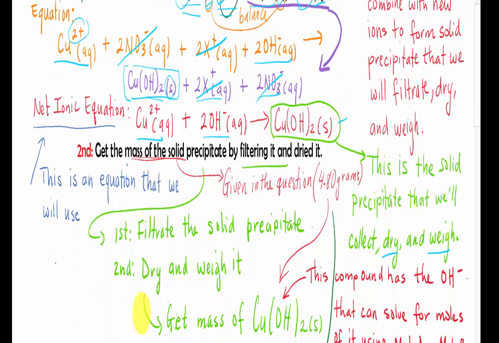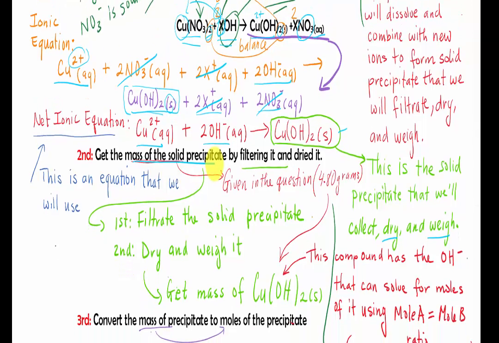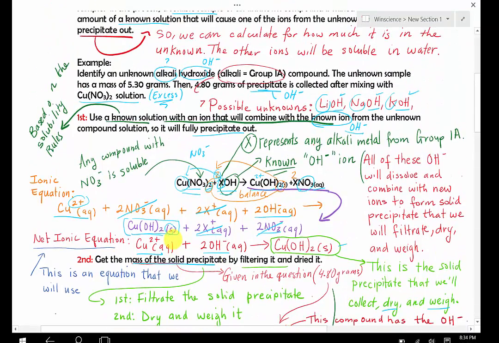Using our knowledge about this precipitation process, we can solve for the mass of copper hydroxide that's being formed. If we look at the problem usually given to us on a test, the mass of the precipitate has to be given to you, so make sure you read the question carefully. In this case, if we go back, it is given to us as 4.80 grams of precipitate.